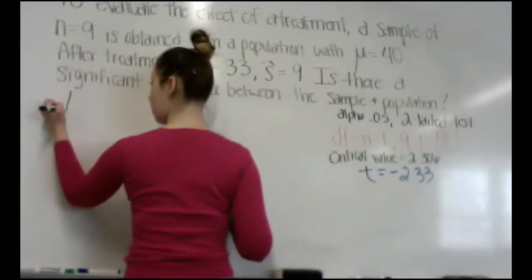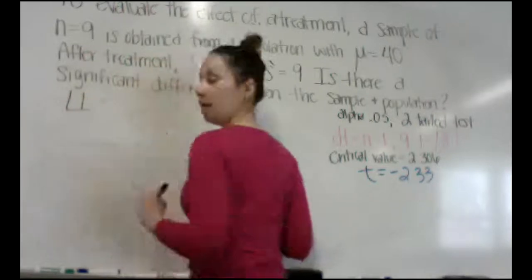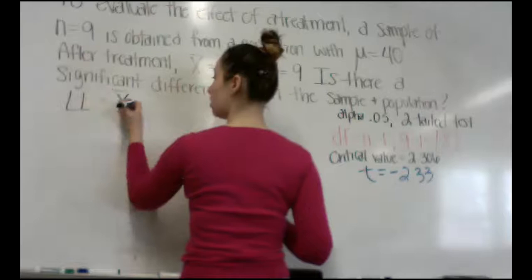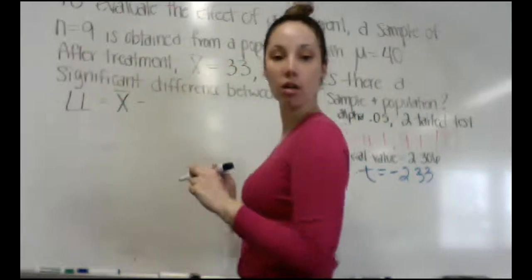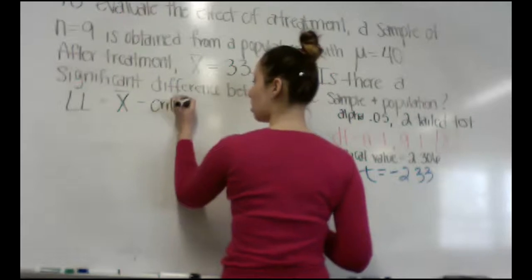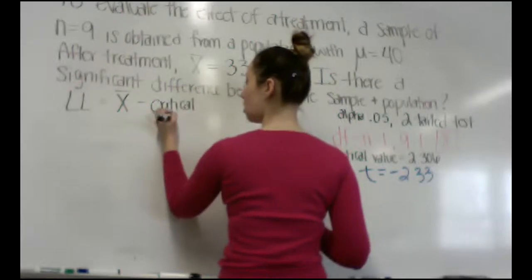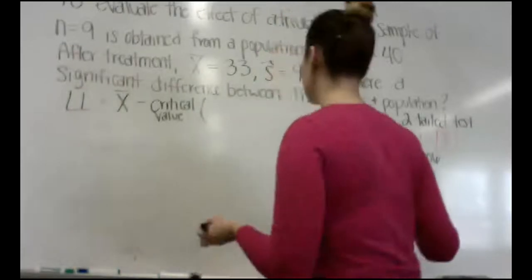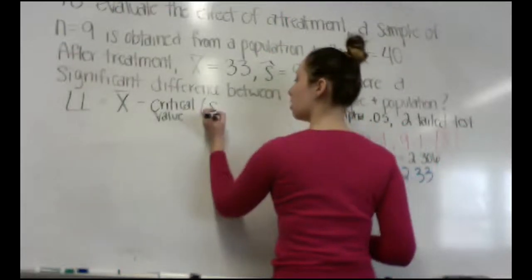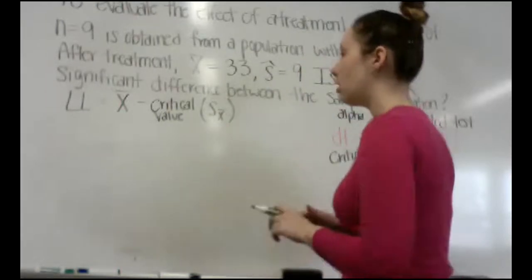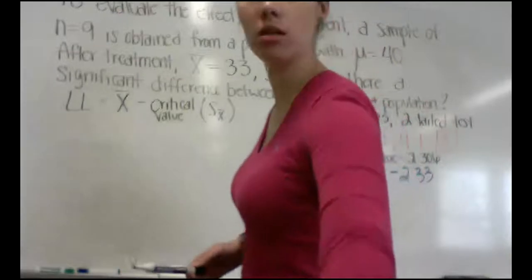We have our lower level confidence interval, and we find that by doing our sample mean minus our critical value times our standard error for the sample.